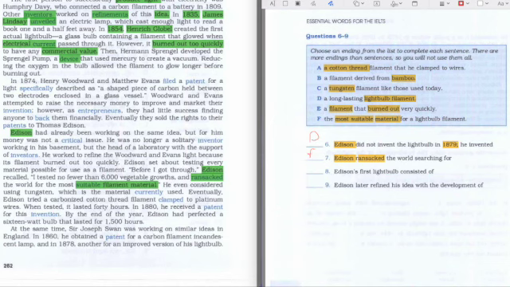We go further. Here again about Edison and his first light bulb. It consisted of something, so we have to find information about his first light bulb.